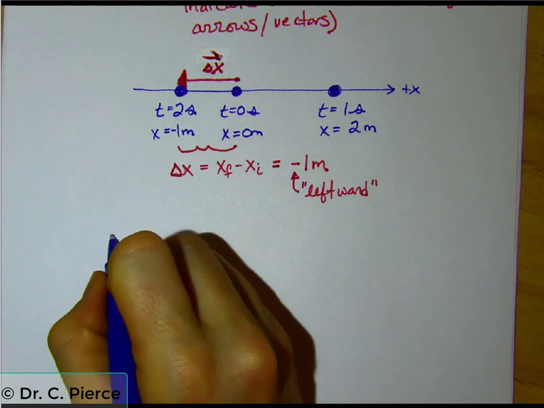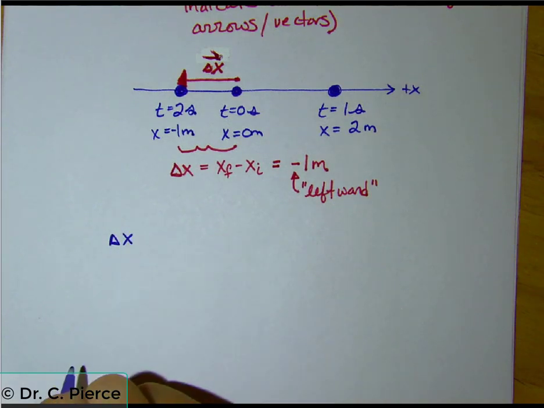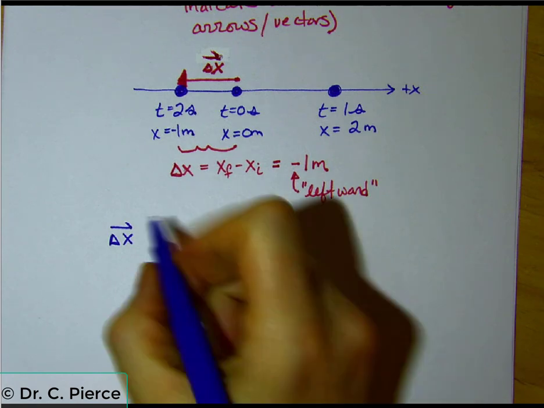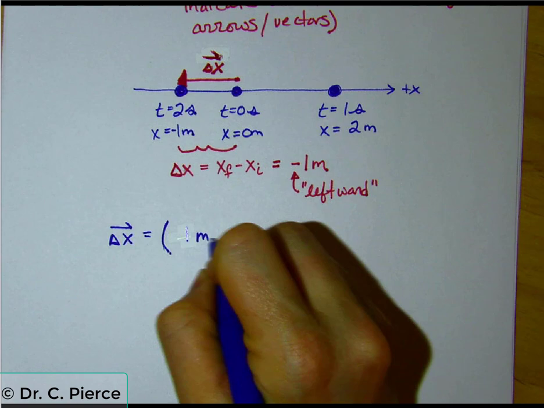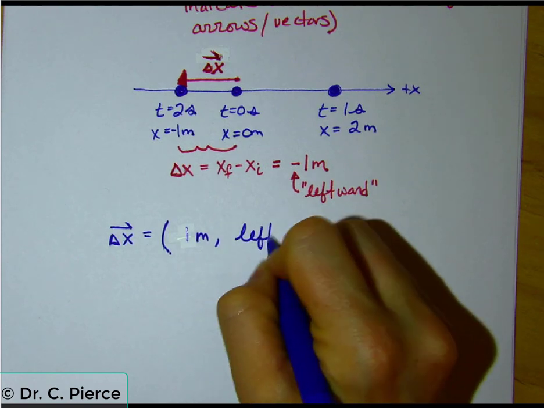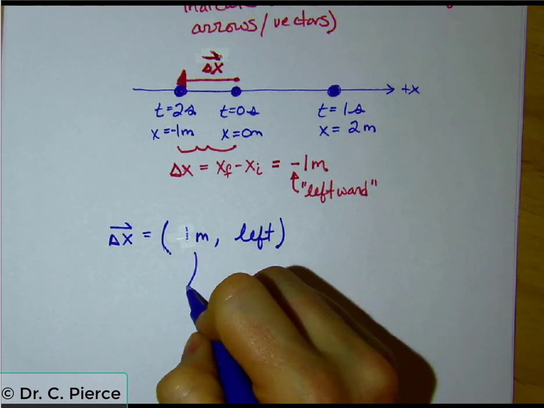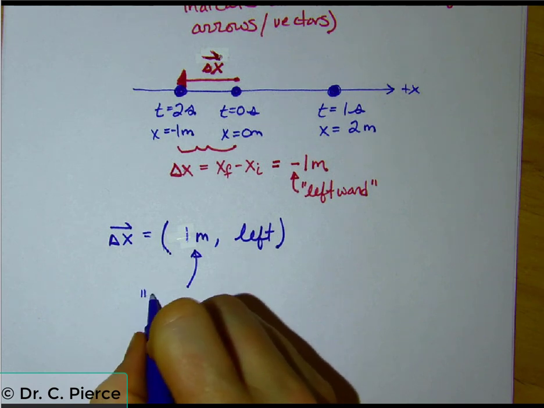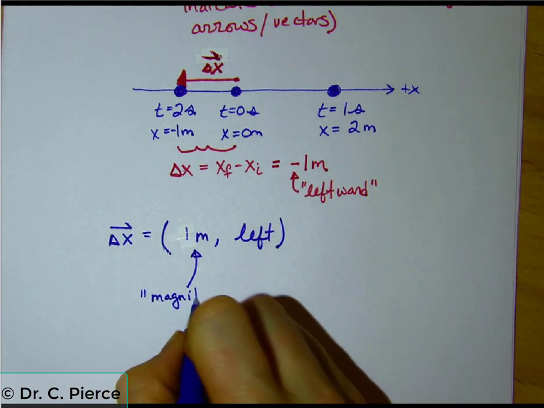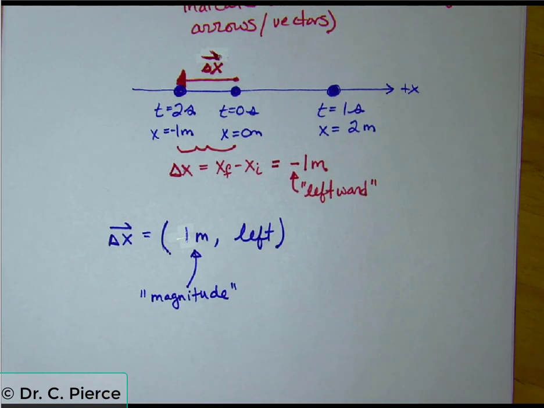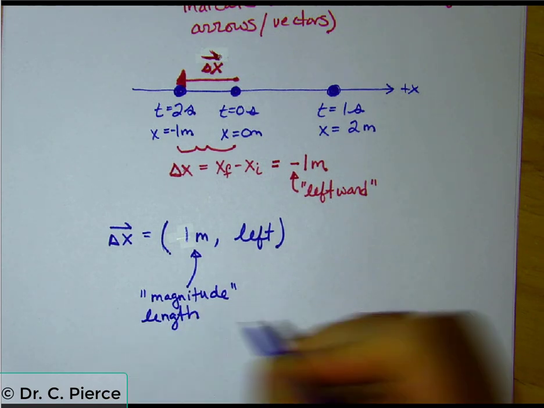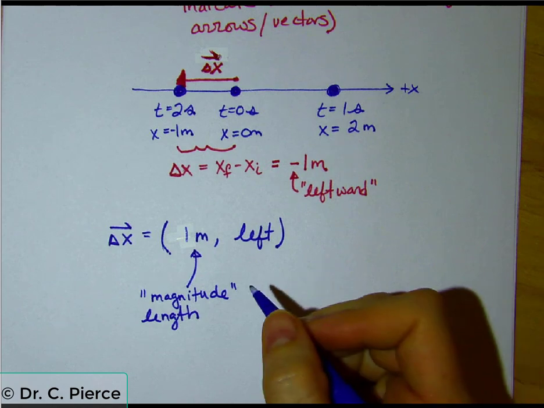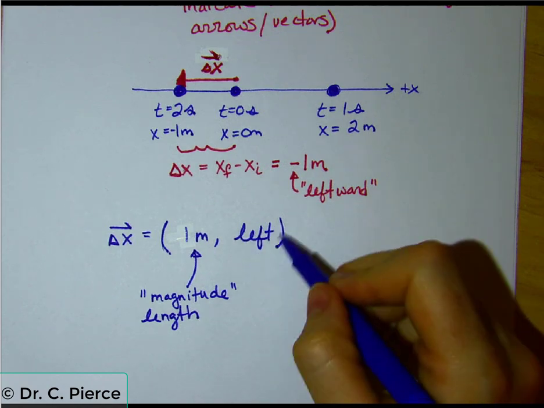So in this case, our displacement, which is a vector quantity, meaning it has a direction, is equal to 1 meter left. So this is going to be the magnitude, which is really just the length of the arrow. And the length of an arrow has to be a positive number, and then this is our direction.